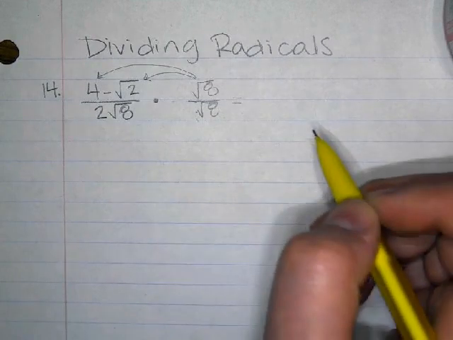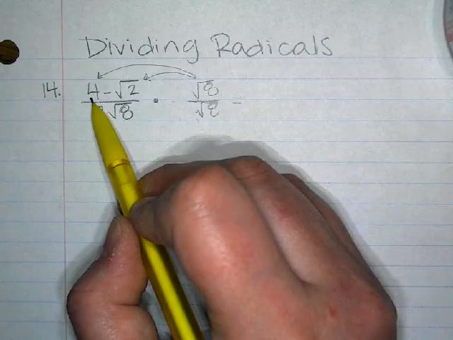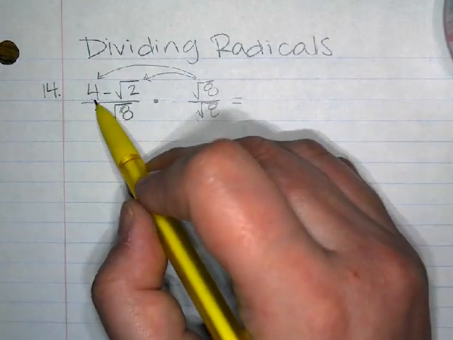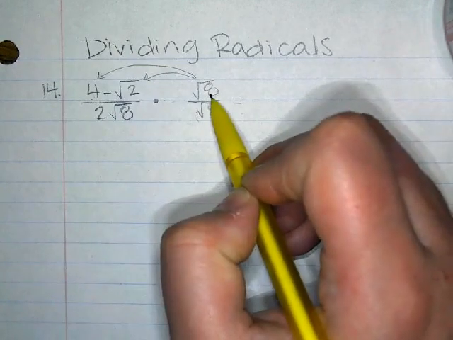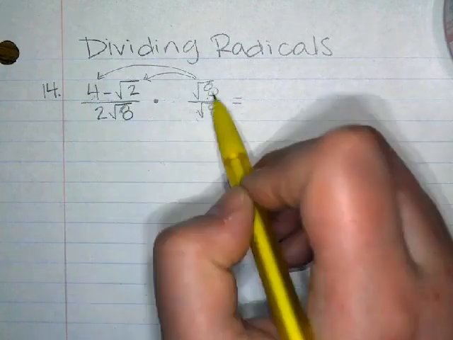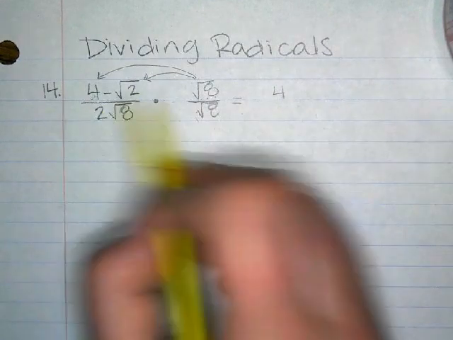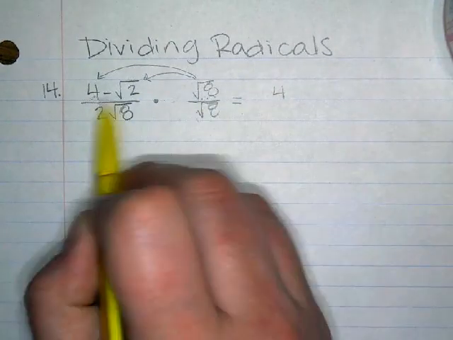So if I multiply the top by root 8, what do I get for the first term? I get, wait, what do I get? 4. If I multiply them together, I get 4. What happens when I multiply these two together?